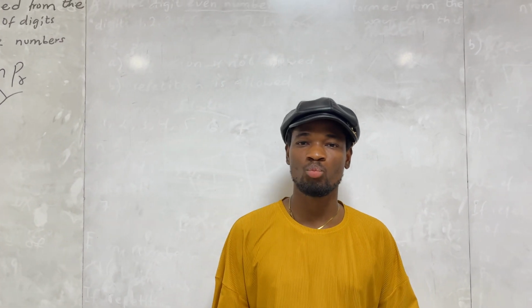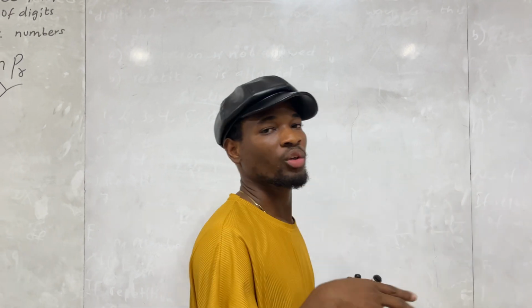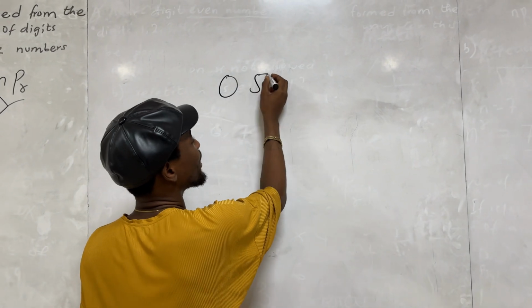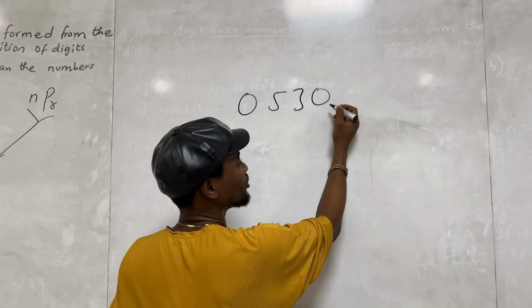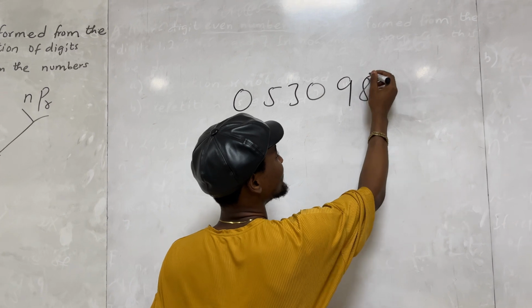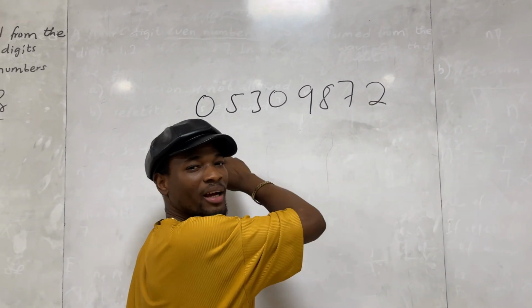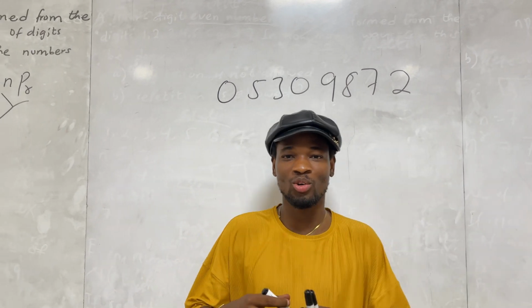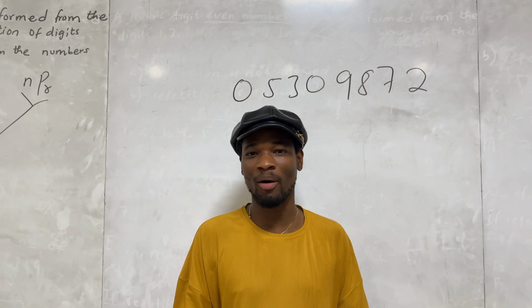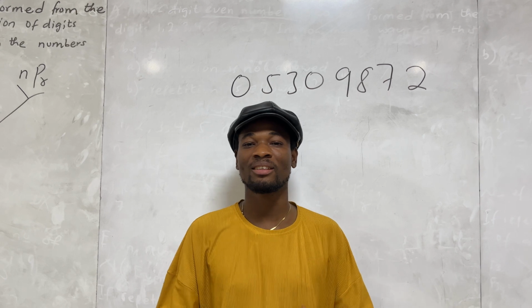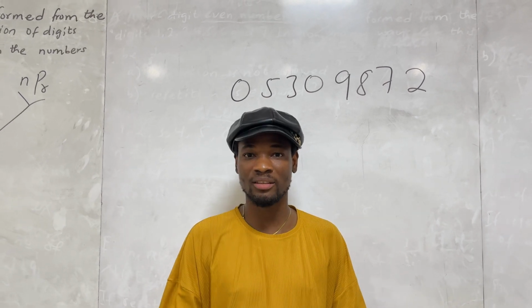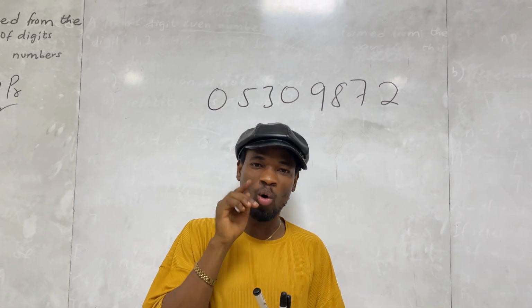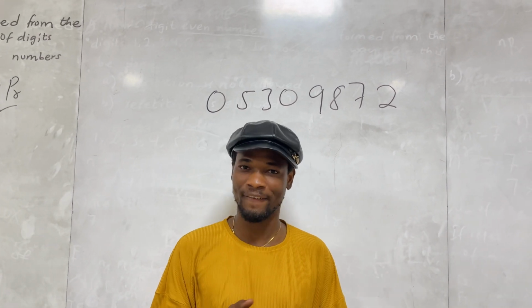Then you see people starting from 0, 5, 3, 0, 9, 8, 7, 2, and what have you. So those are the digits we are talking about. We've been using these things in our daily lives, but Tindanious math tutorial wants to communicate something to you over here.